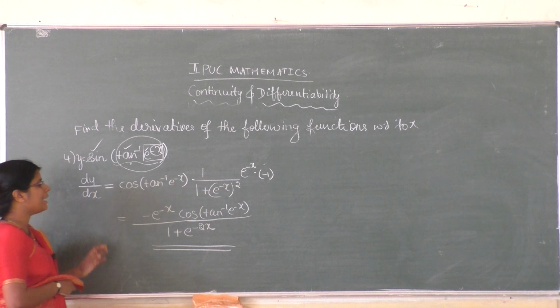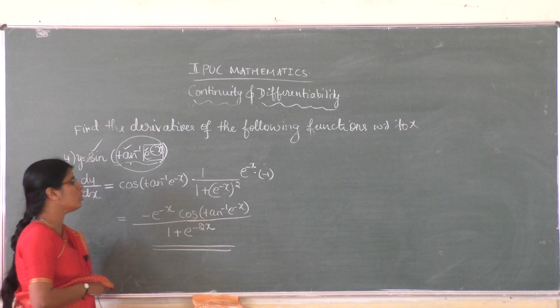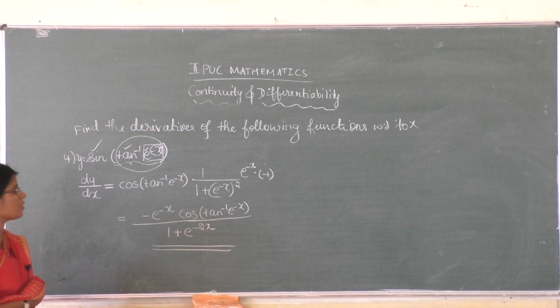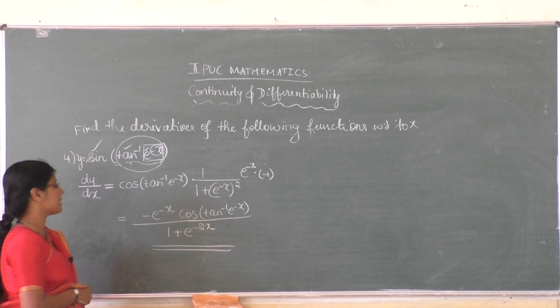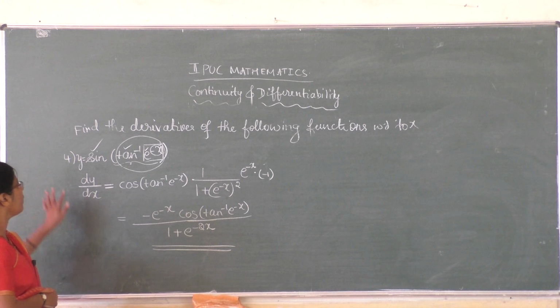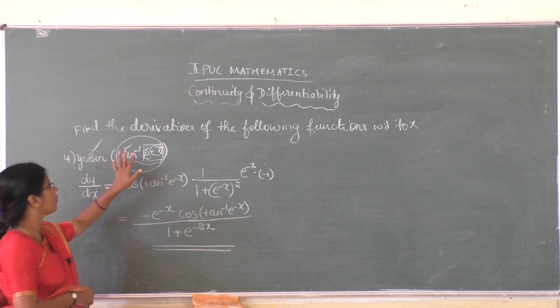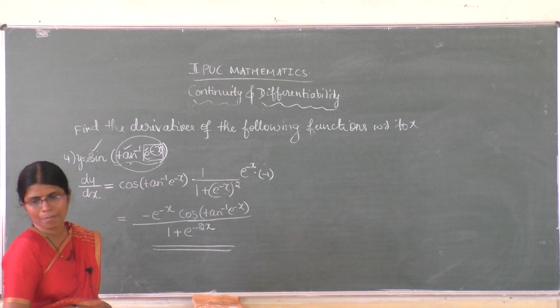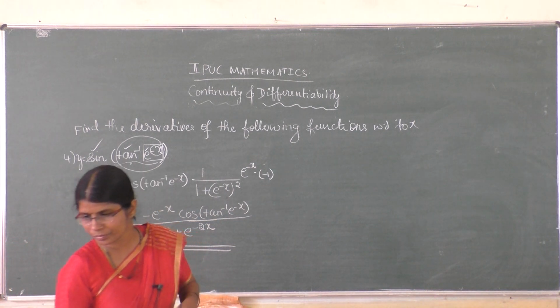So minus e to the power minus x into cos of tan inverse of e to the power minus x divided by 1 plus e to the power minus 2x. So this is the derivative of sine of tan inverse of e to the power minus x.